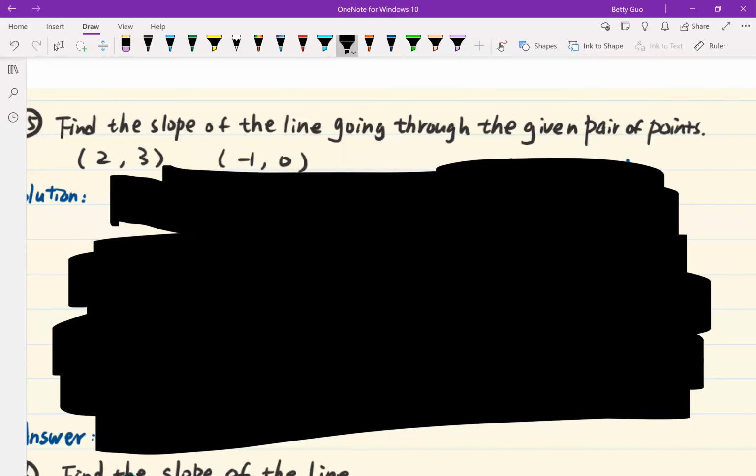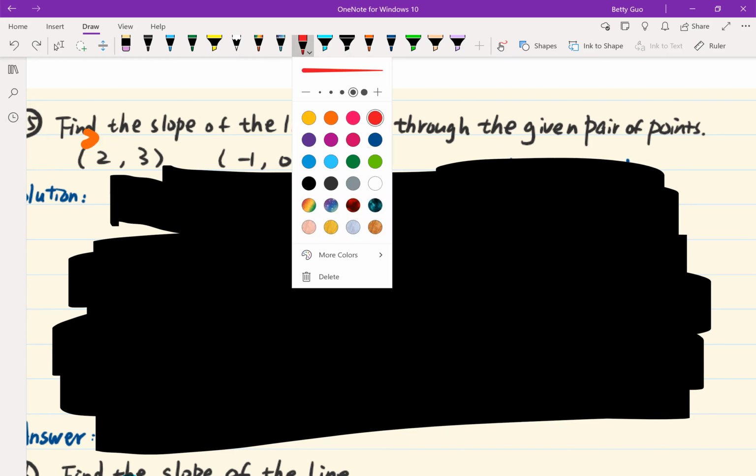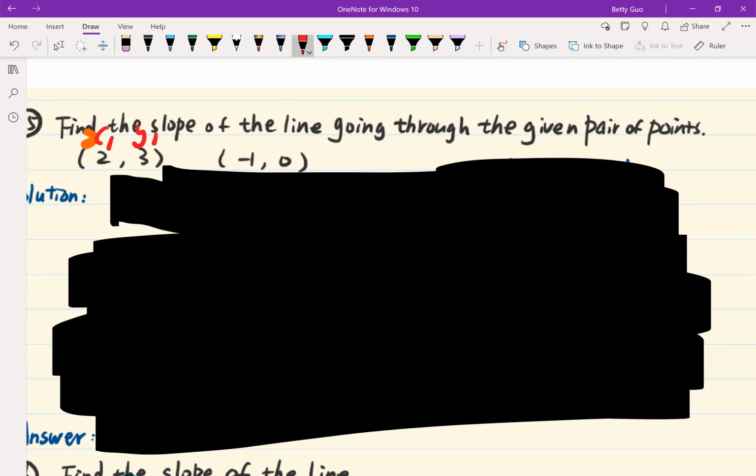This formula. If you don't know how to start with number 15, you use this formula. We have 3 steps to apply the formula to find the slope. Firstly, I always label the 2 points: x1, y1, x2, y2.